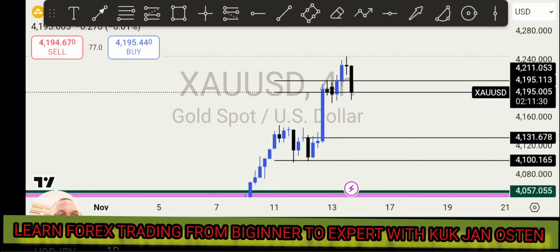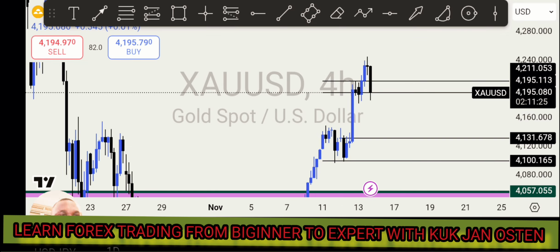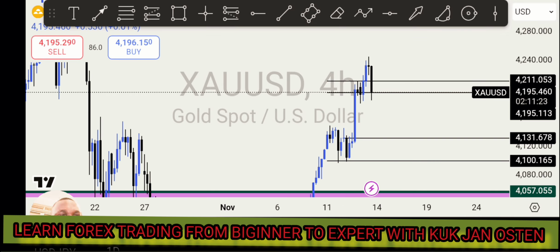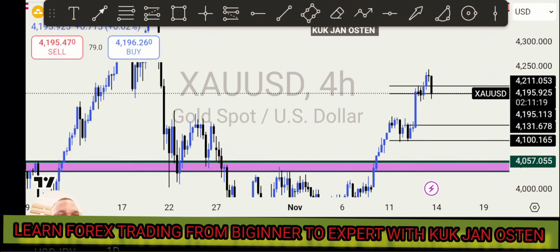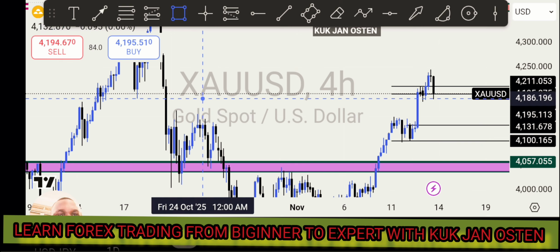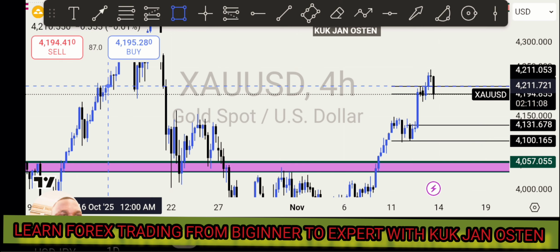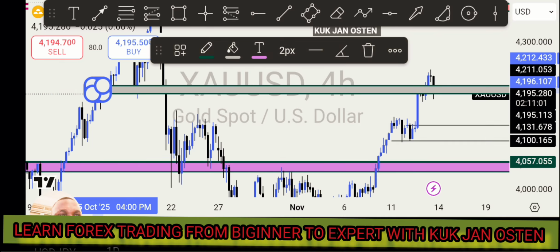After doing it, if you look at our 4-hour time frame and reduce this graph, on our left we are seeing some sort of resistance in this zone which we marked.